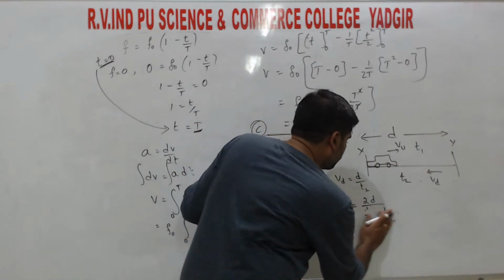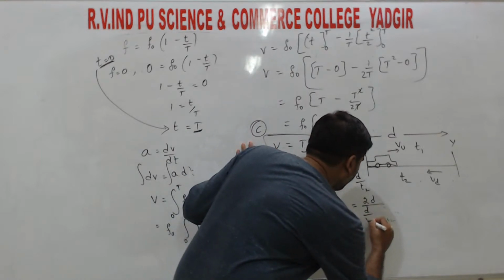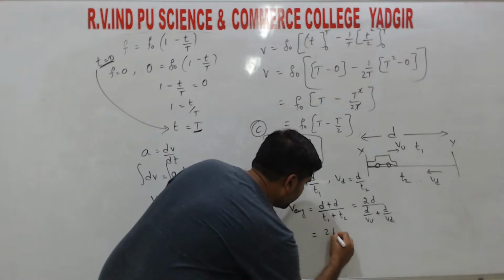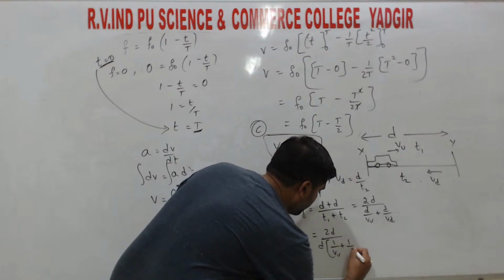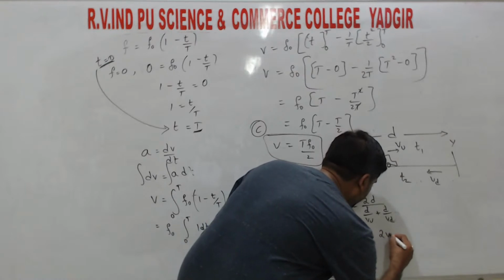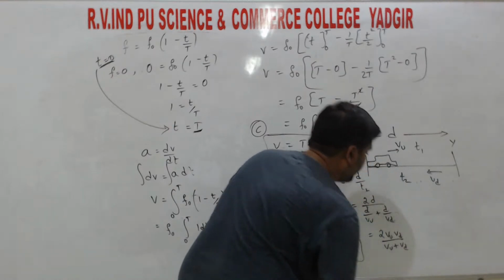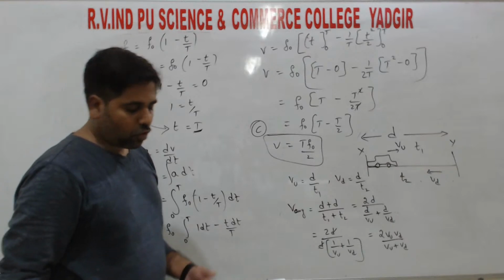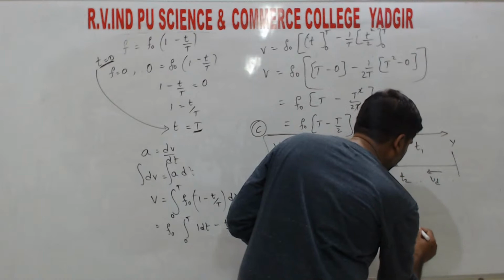So changing this to t1, that is d by Vu plus d by Vd. So from this we can take d common. So 1 by Vu plus 1 by Vd. So d d get cancelled, taking LCM, 2 Vu Vd divided by Vu plus Vd. So that is the average speed. So the option is option D.